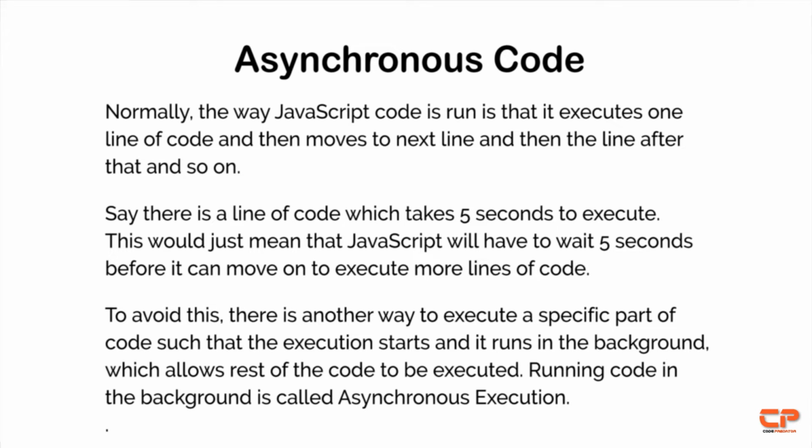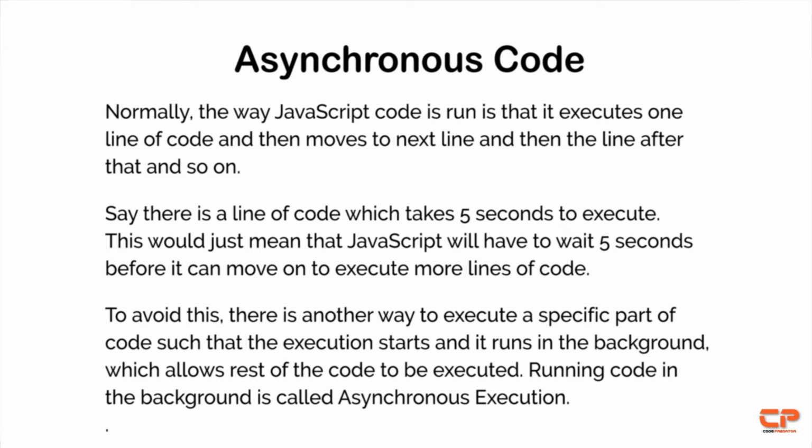Now, if you remember, I just mentioned the word asynchronously. Normally, the way JavaScript code is run is that it executes one line of code and then moves to the next line and then the next line and so on. Say there's a line of code which takes 5 seconds to execute. This would just mean that JavaScript will have to wait 5 seconds before it can move on to execute more lines of code. Now this is a bad user experience because your web page will just freeze for 5 seconds and your user will not be able to do anything on the web page.